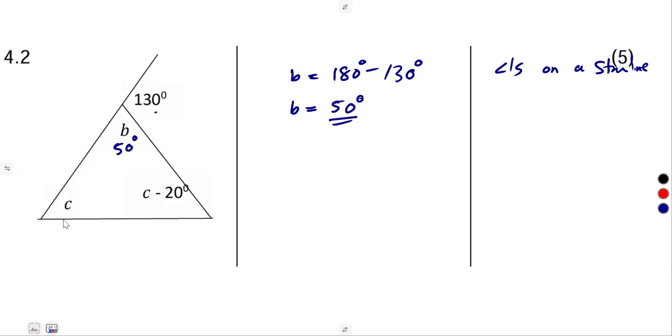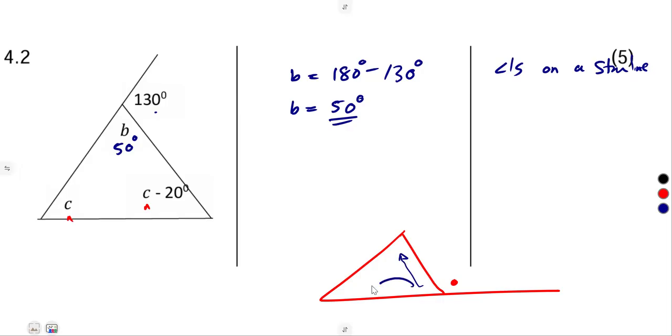Then to find angle C, another variable there, there are so many ways we can use. Remember, the exterior angle of a triangle is equal to the sum of the opposite interior angles.